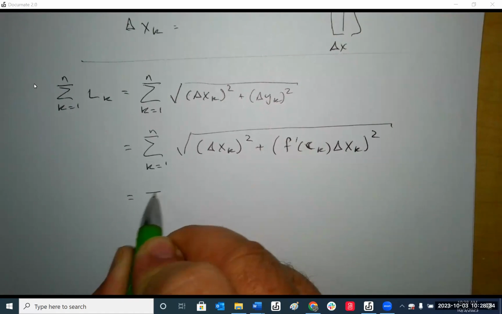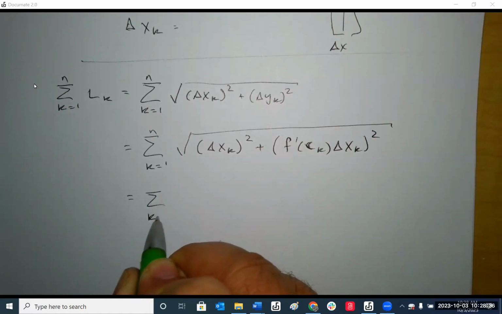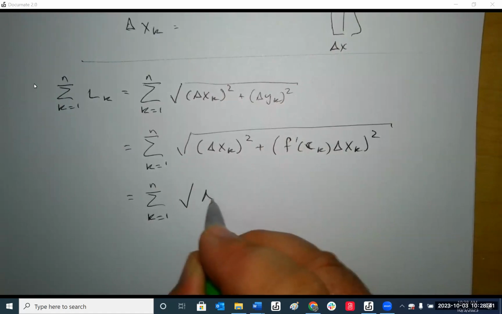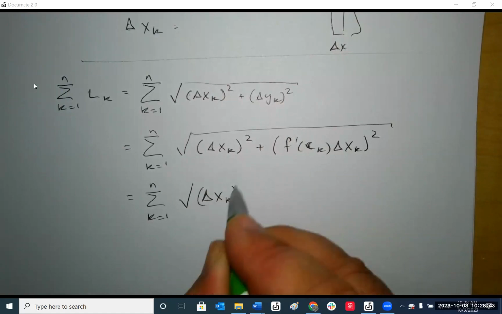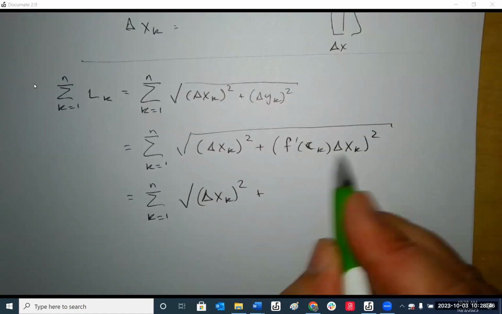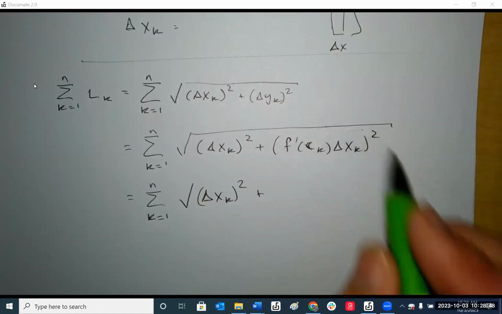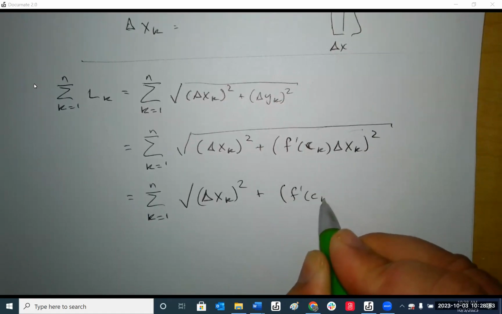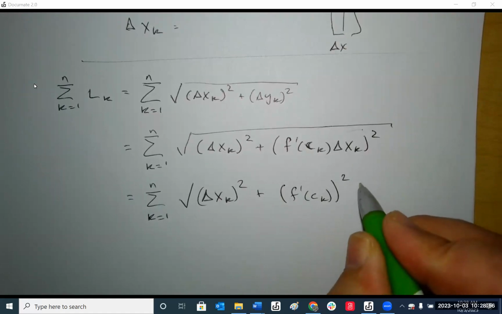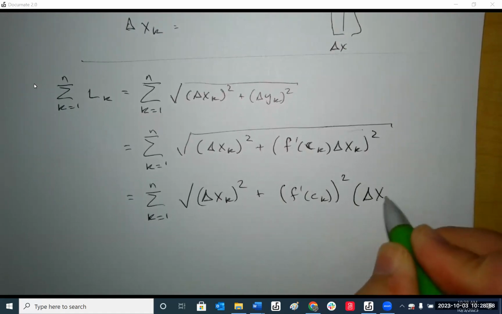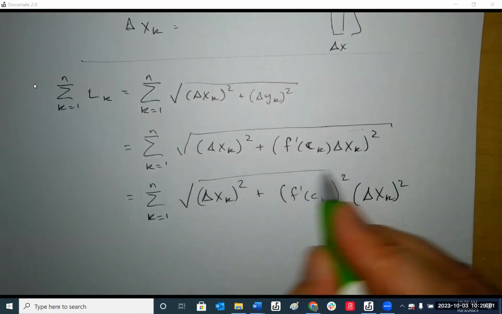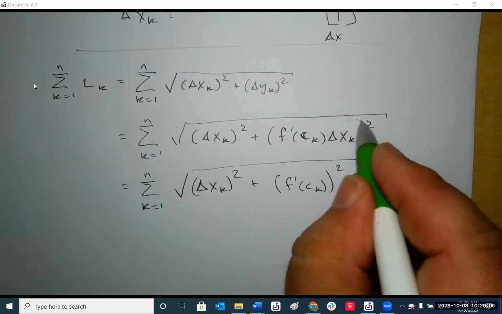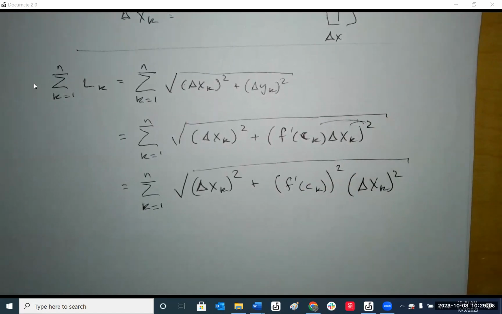Algebraically, we have delta x sub k squared, and then we can distribute this throughout there, so we have f prime of c sub k squared times delta x sub k squared. I distributed the 2 into both of those, so I don't have a parenthesis on the second one.